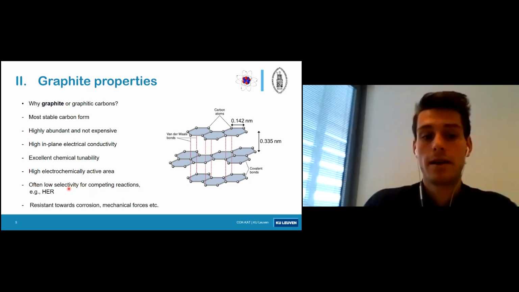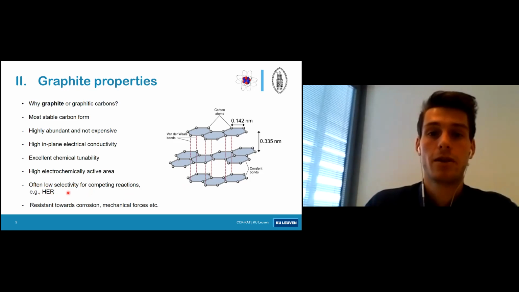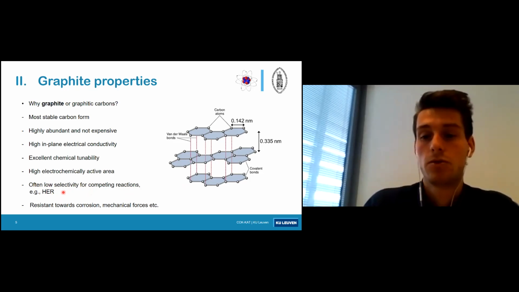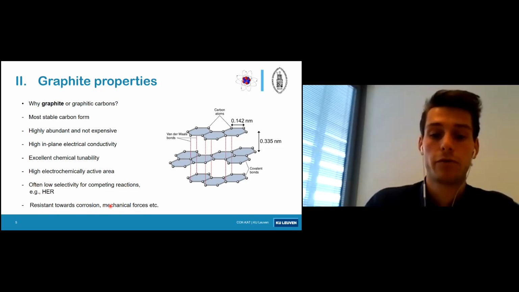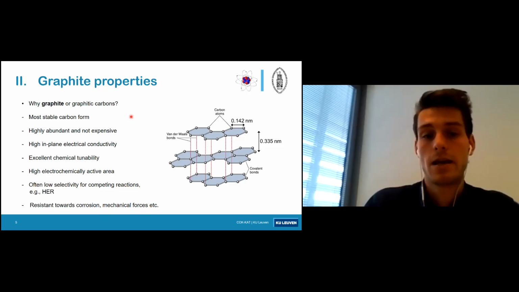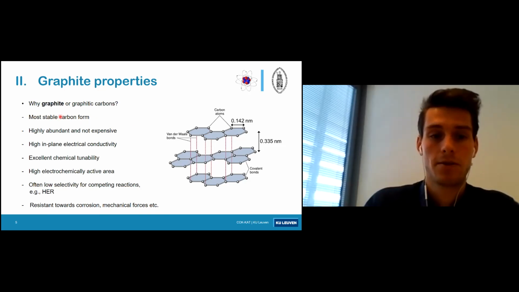For example, the HER, the hydrogen evolution reaction, is very often not desired because you want to synthesize other chemicals electrochemically. And of course, graphite has also a very high resistance towards corrosion and mechanical forces. It's a very stable material, as was said already.